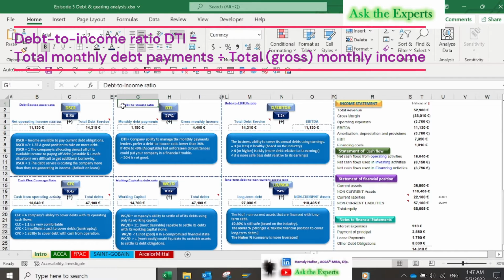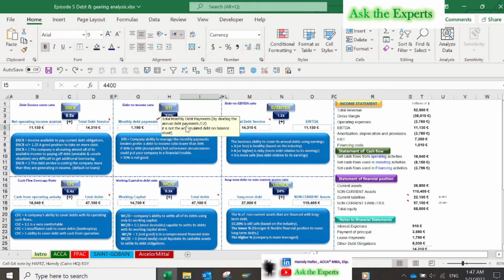The second ratio is the debt to income ratio, or DTI. You can calculate it by dividing the total monthly debt payments by the total or gross monthly income. This is by dividing the annual debt payments by 12 months.